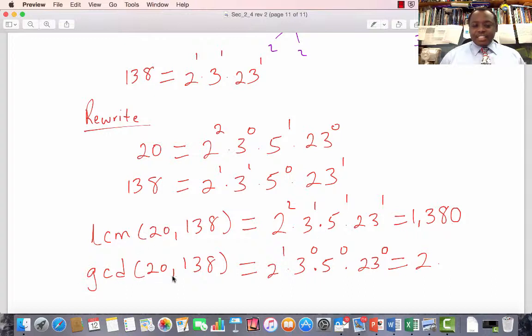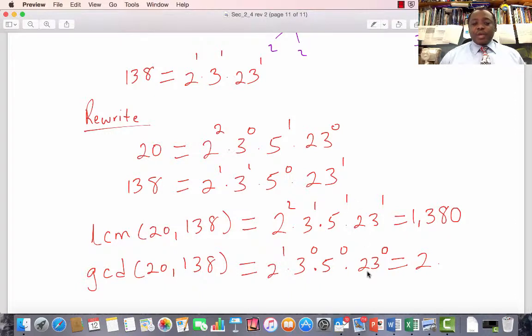What about the GCD? The GCD would be 2 raised to the power, the minimum between 2 and 1 is 1, times 3 raised to the minimum between 0 and 1, which is 0, times 5 raised to the minimum between 1 and 0, which is 0, times 23 raised to the minimum between 0 and 1, which is 0.